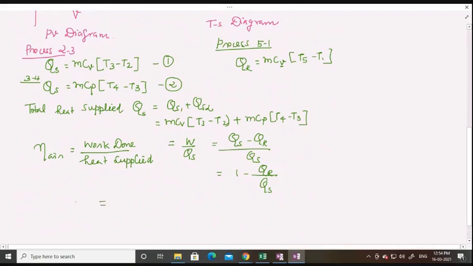Then the efficiency is 1 minus Q_R over Q_S, where you can use equation number 3. This is m Cv (T5 minus T1) divided by the sum of both heat supplied, that is m Cv (T3 minus T2) plus m Cp (T4 minus T3).